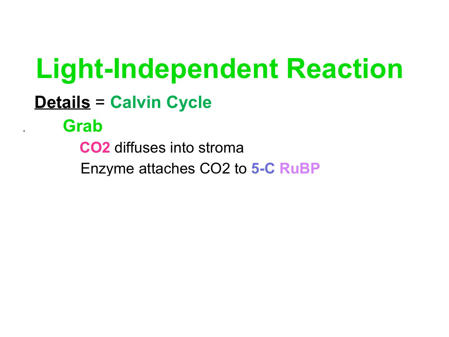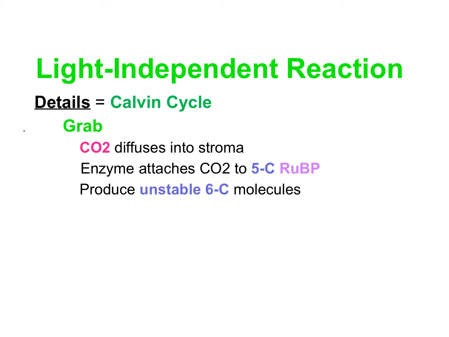Our enzymes are going to attach CO2 to a 5 carbon structure of RuBP. We like to shorten this to RuBP because the actual name is 5 carbon ribulose bisphosphate. So RuBP works much better to say.